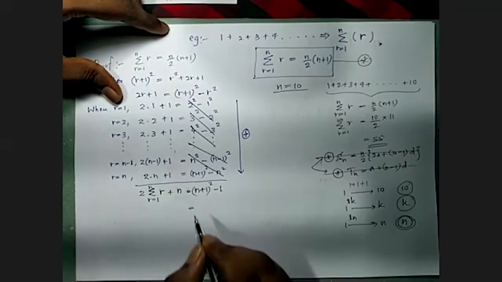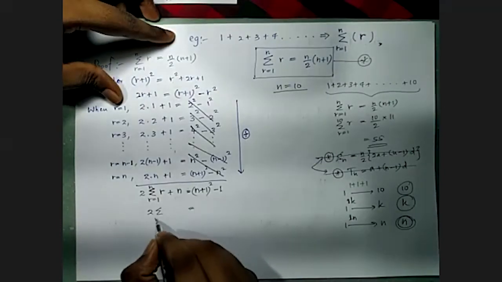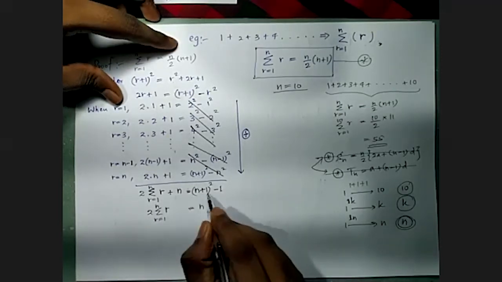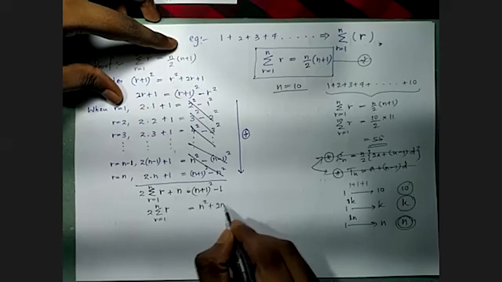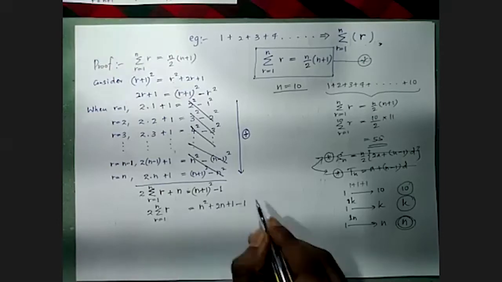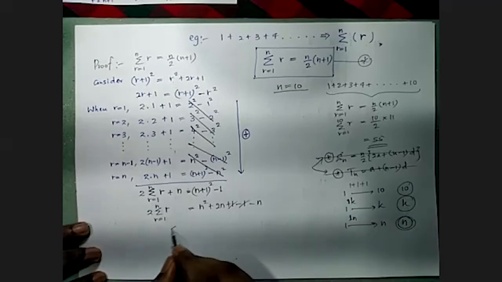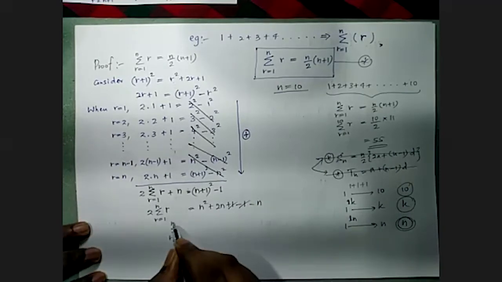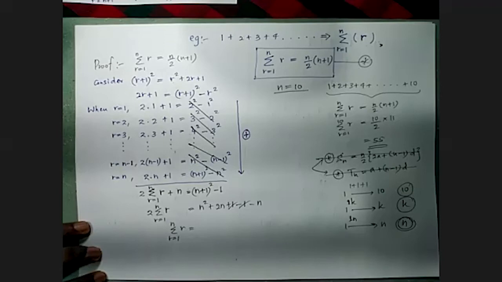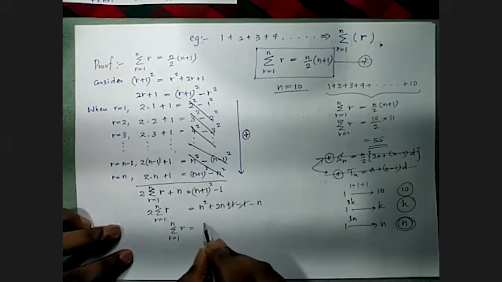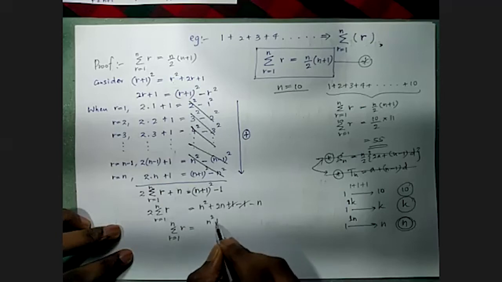Now you can simplify this. Here we have 2 times sigma r equals 1 to n r. Expand. Take plus n here, minus n. These two get cancelled. Then sigma r equals 1 to n r is n square plus 2n divided by 2.